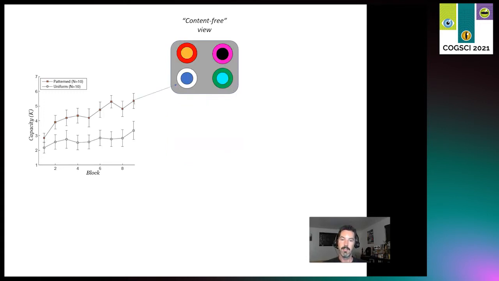This allows the Brady et al. result to be interpreted consistent with the commonly held view in working memory research that we can only hold a fixed number of items, for example 4, in mind at any given time. Instead of peak performance in the pattern condition implying something like that all 8 colors were held in mind, it can be seen as meaning simply that the colors were replaced with 4 chunk pointers.